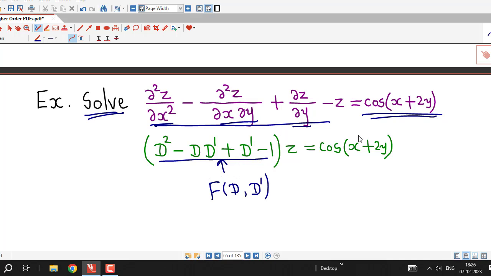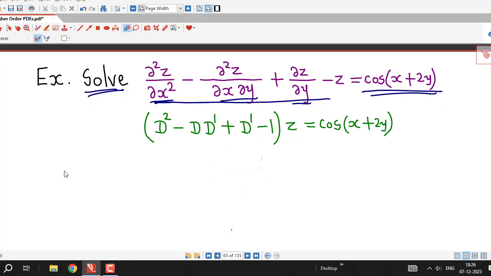So first we will find the solution of the homogeneous differential equation corresponding to this given non-homogeneous equation. For that we consider the right hand side equal to 0, and we find the solution of the corresponding homogeneous differential equation.